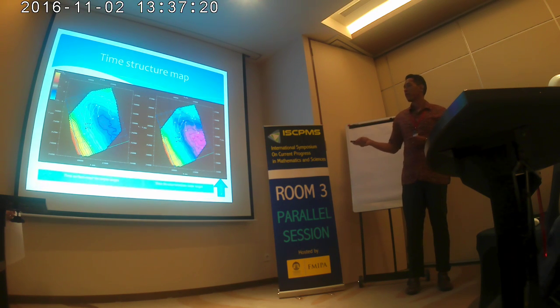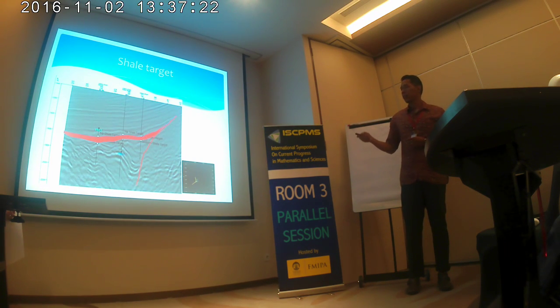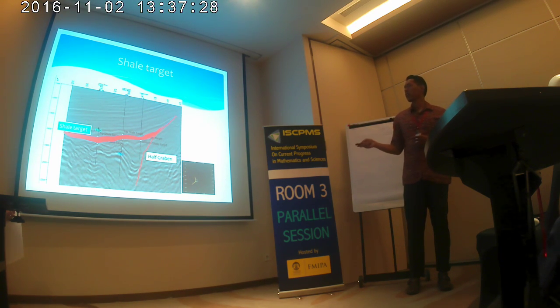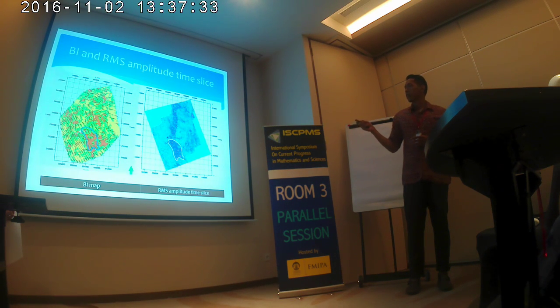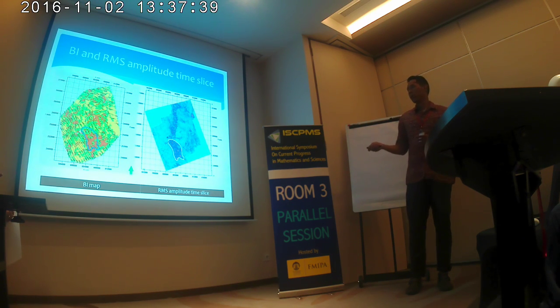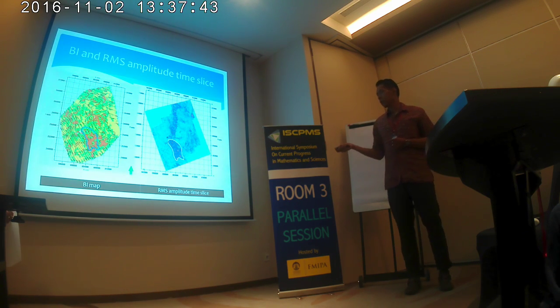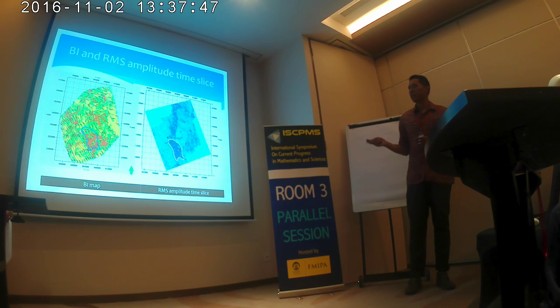This shows the continuity of the shale, which is stopped by the fault, using an arbitrary line to locate the interpretation itself. And this is the brittleness index map showing that the southern area from the well itself has a good brittleness index, and the amplitude parameter also indicates that shale is located there.